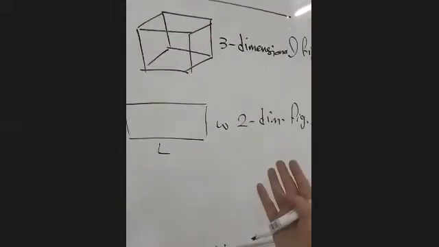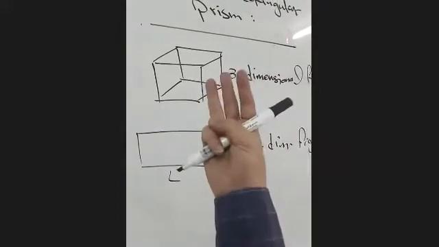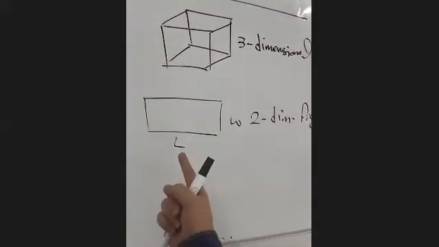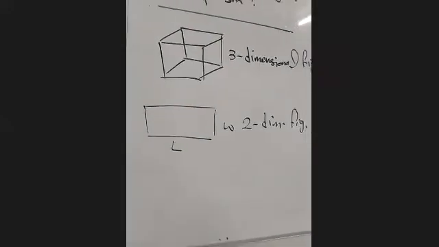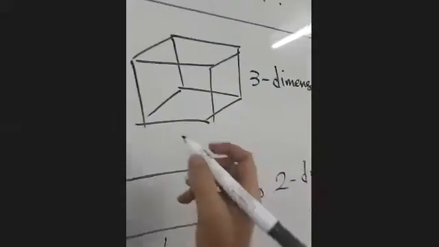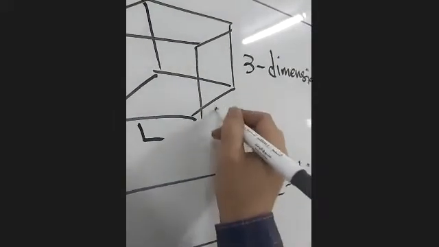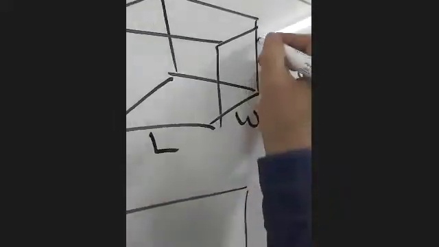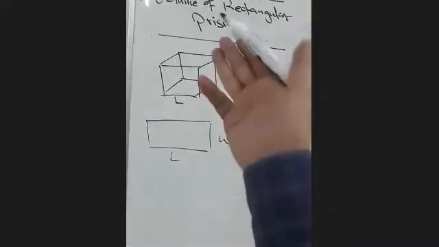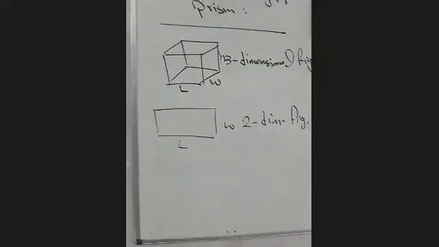What are the 2 dimensions for the rectangle? Length and width. What are the 3 dimensions for the rectangular prism? Length and width and height. So we have 3 dimensions here, and here we have 2 dimensions.